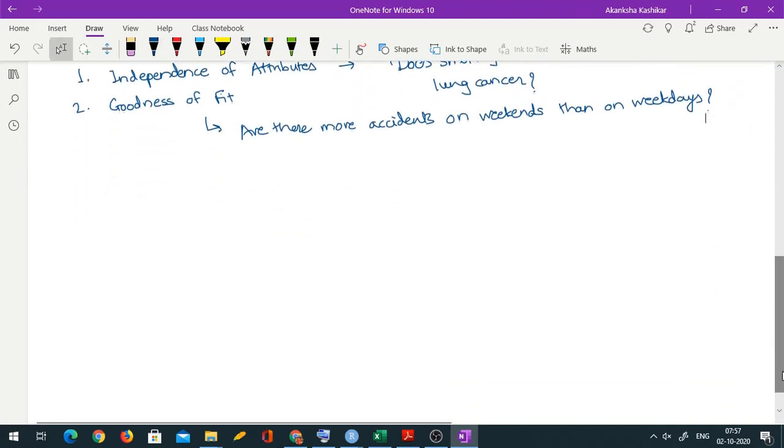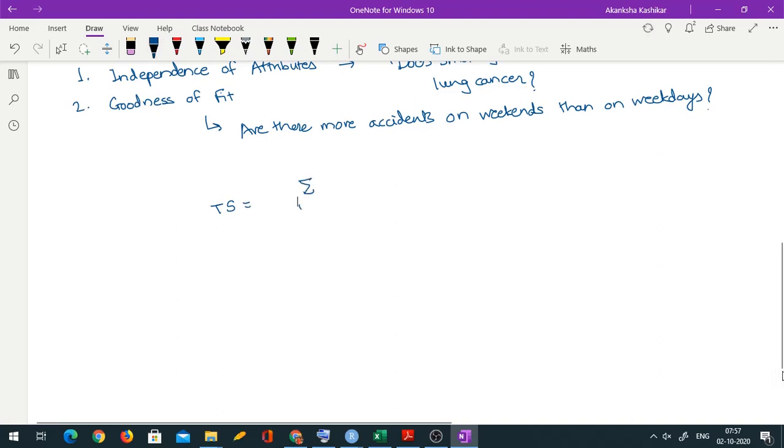So both these chi-square tests follow the basic principle. The test statistic is computed as the sum over i going from 1 to k. We will soon see what k is. (O_i minus E_i) whole square upon E_i. Please don't get put off by the notation.